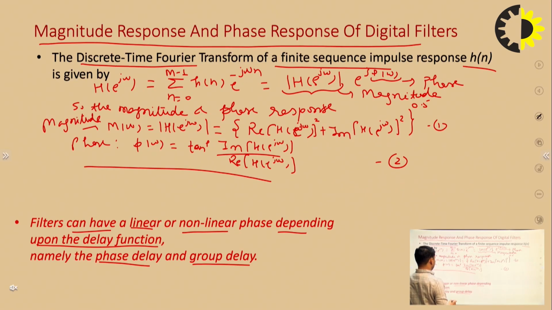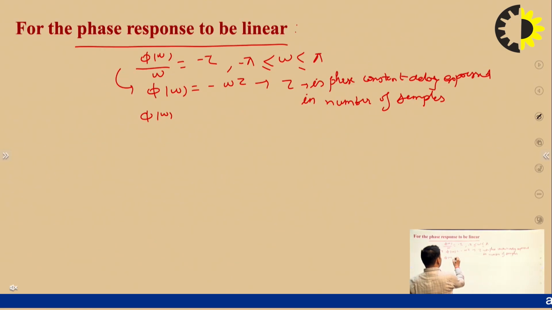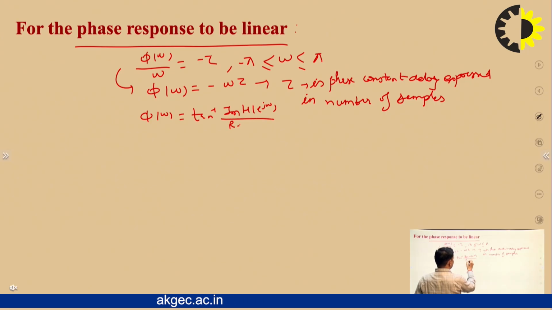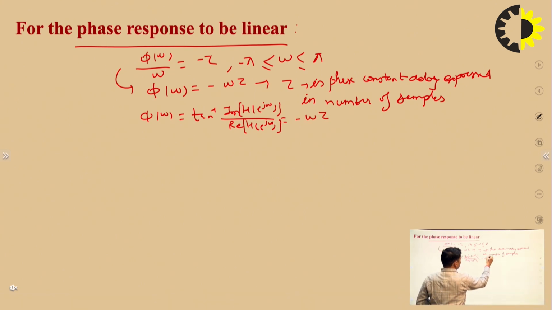From the previous equation, phi of omega is equal to tan inverse of the imaginary part of H of e raised to power j omega divided by the real part of H of e raised to power j omega, and this value is equal to minus omega tau.